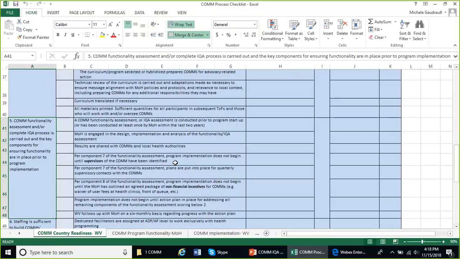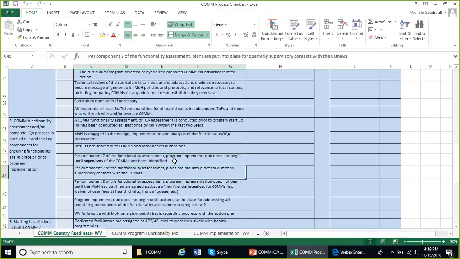Namely, that the COMM has supervisors, that the supervisors of the COMM have been identified. We would not want to leave the comms without supervision, and if that is not something that's been set up by the MOH, this is something that World Vision together with MOH would want to follow up on.